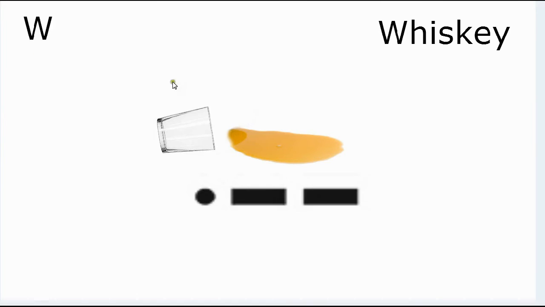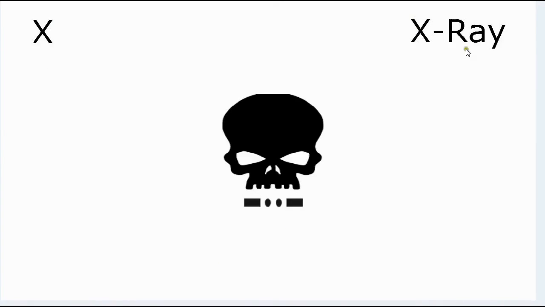U is for uniform. Dot dot dar. W for whiskey. It's like a little glass here, and here's the spilled whiskey. X is for X-ray. Now it doesn't really look much like a skeleton, but like X-rays, you can see people's bones. So I've resembled this to that.